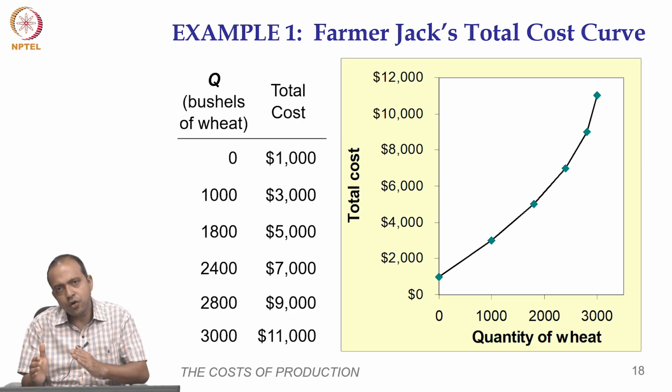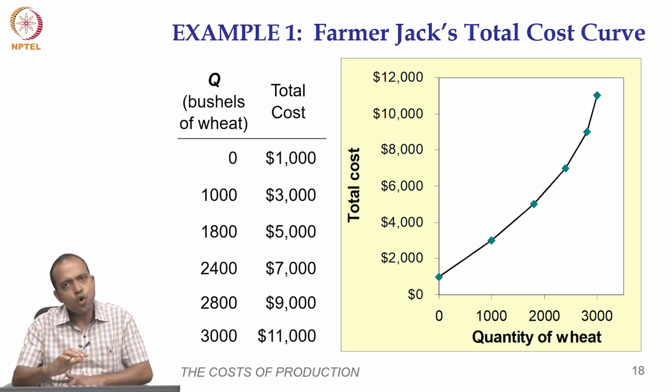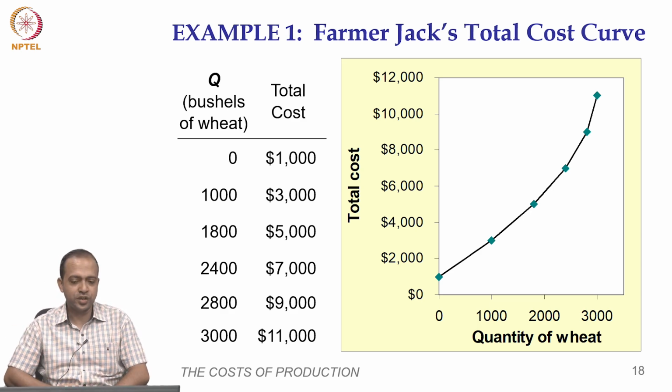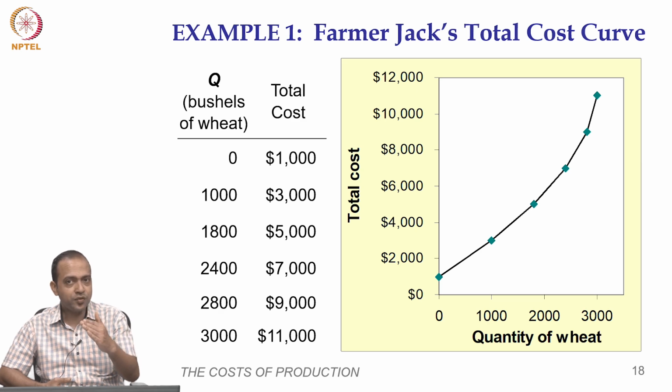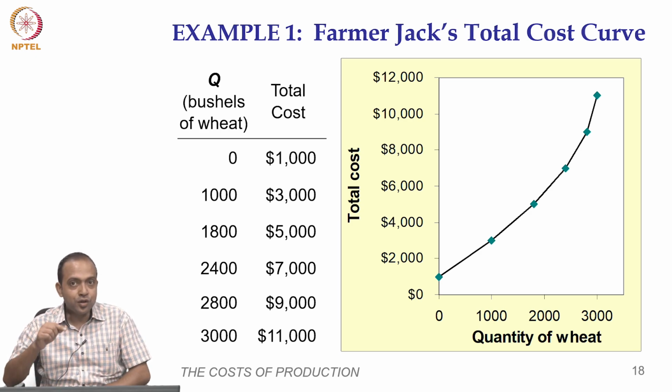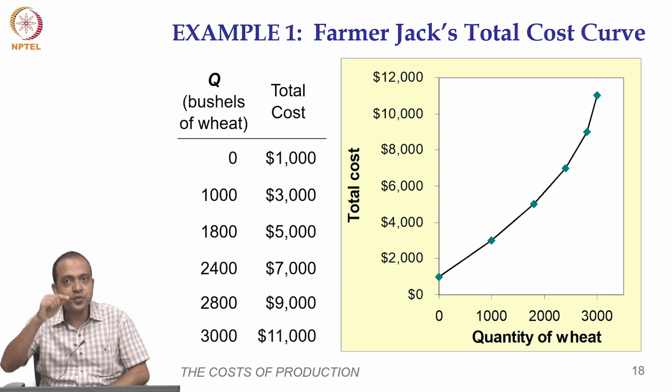Total cost is continuously increasing. The shape of the total cost curve is just opposite to the shape of the production function. If you understand the production function, you can easily understand why the total cost is increasing at an increasing rate, because the production function becomes flatter and flatter.